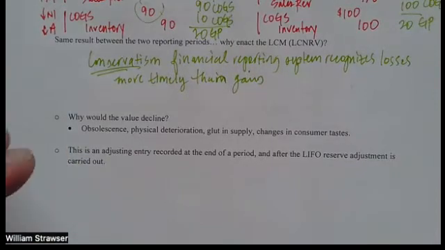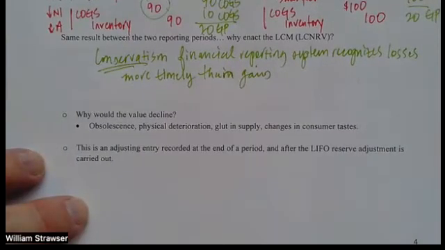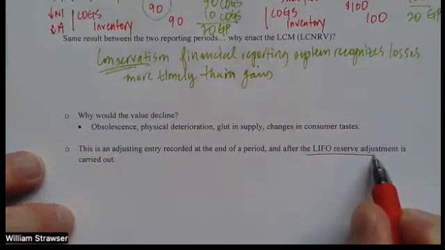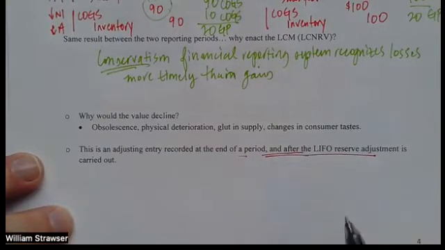And again, it's an adjusting entry. And also to understand where it fits with the other adjusting entry, the LIFO reserve adjustment, it is recorded at the end of the period and after the LIFO reserve has been carried out.